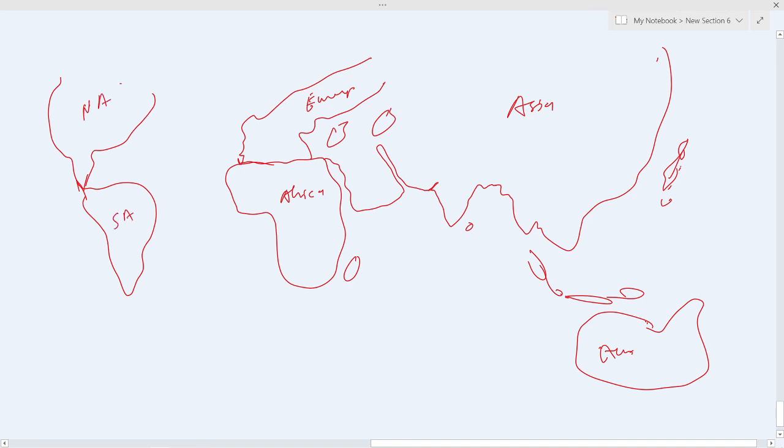I understand that these diagrams are very poor, but I hope you understand it well.